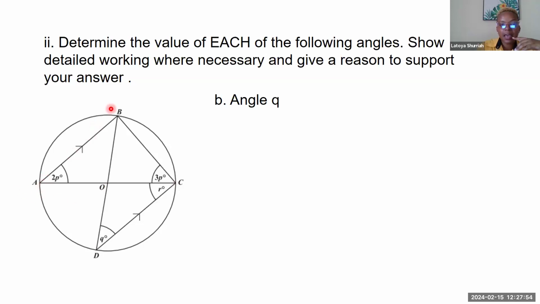Is angle A, B, C and angle BCD tending from the same chord and in the same segment? Anybody want to take on that question? Nobody?